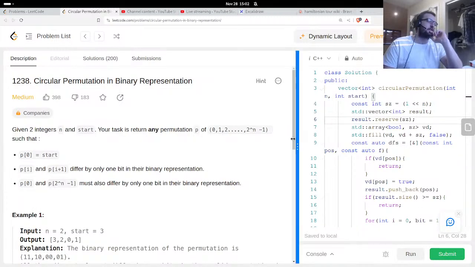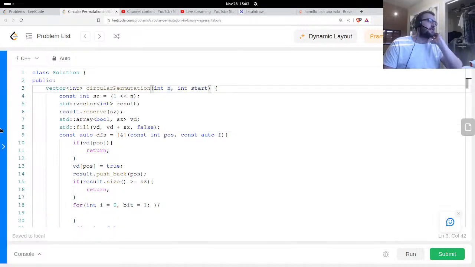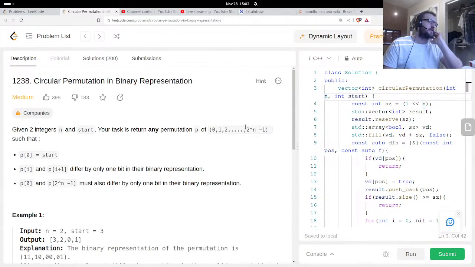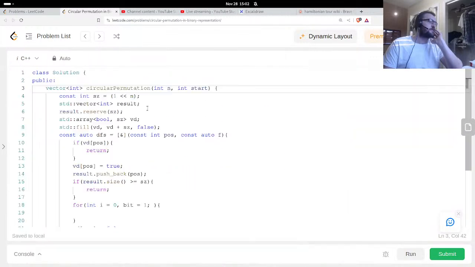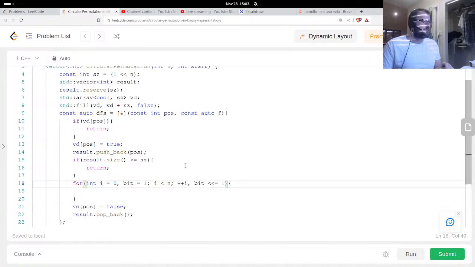Yeah, n is the number of bits. So if n is 0, 2 to the 0 minus 1 is... n is not going to be 0, but n is 1. You get 0 to 1. Yeah, it's just one bit, right? Okay, that's number of bits. So i is less than n, bit shifts by 1, i increments by 1.